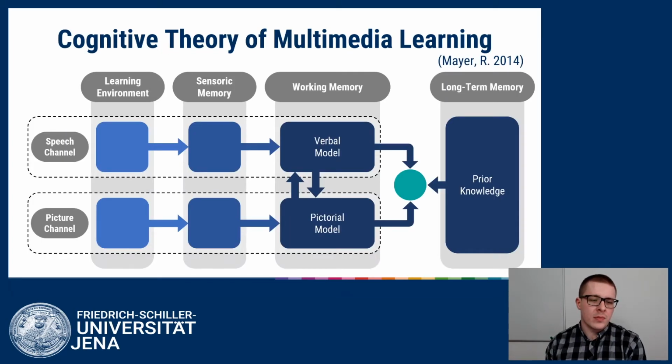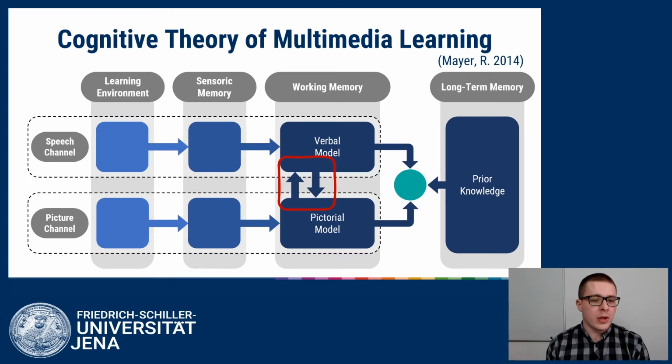Second, the exchange of information shouldn't be as beneficial when one channel is more engaged than the other, right? So, like I said already, static monomedia, aka textbooks, overuse the picture channel, which makes information exchange not as rewarding. On top of that, since there is little to no information processed in the speech channel, this results in the construction of an inferior verbal model, which should then result in the construction of a not so profound working mental model.